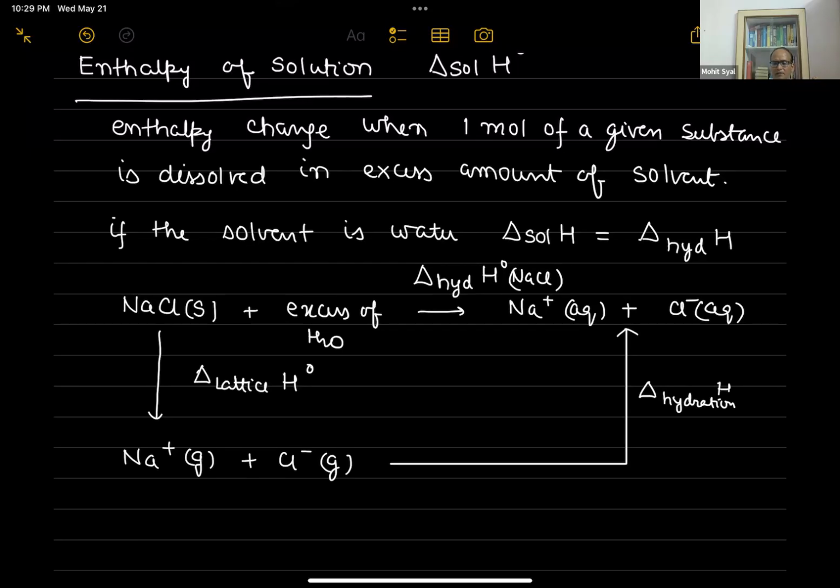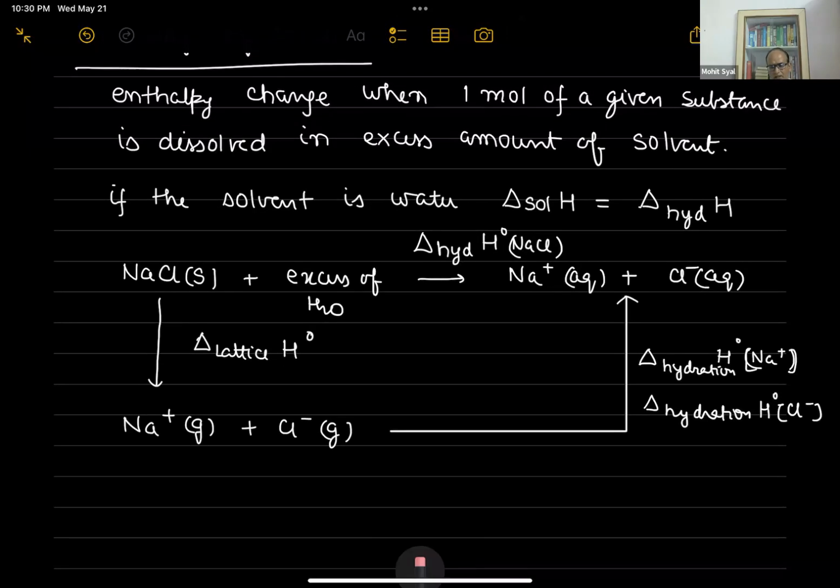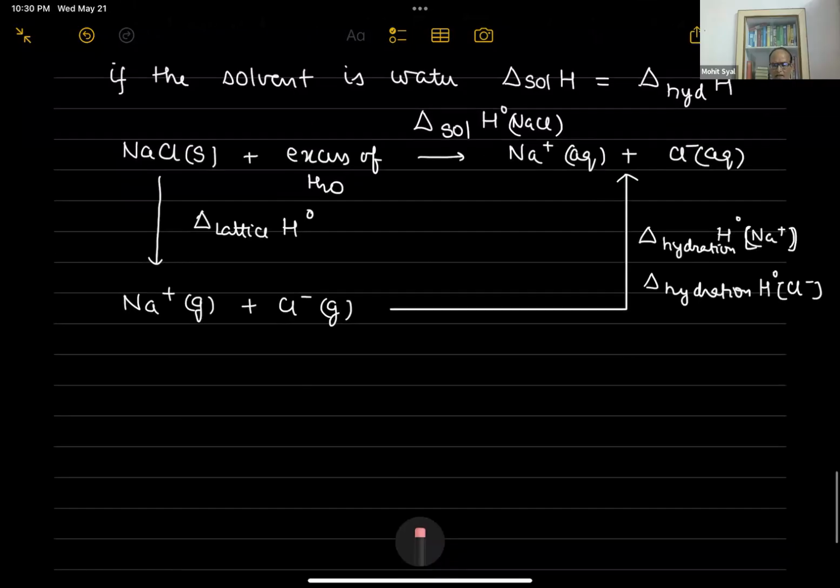So it is the enthalpy of hydration of Na plus and the enthalpy of hydration of Cl minus. This is the overall enthalpy of solution. You can write it as enthalpy of hydration or as enthalpy of solution.